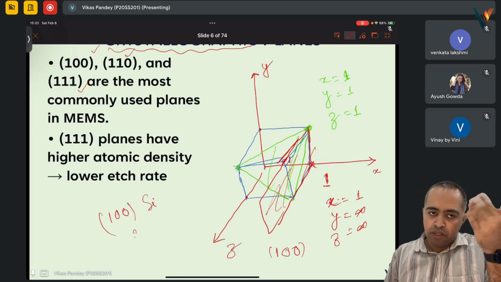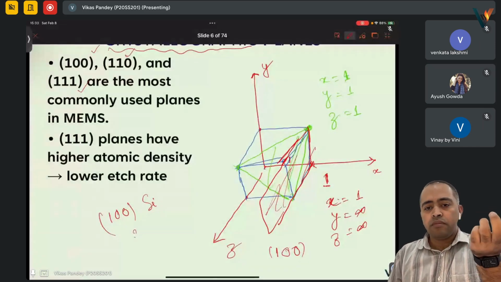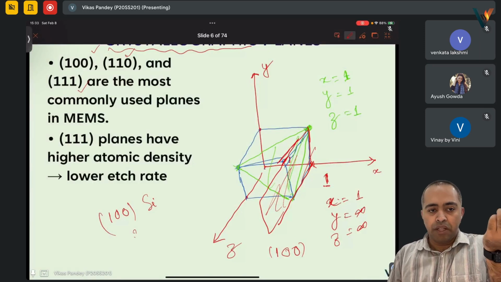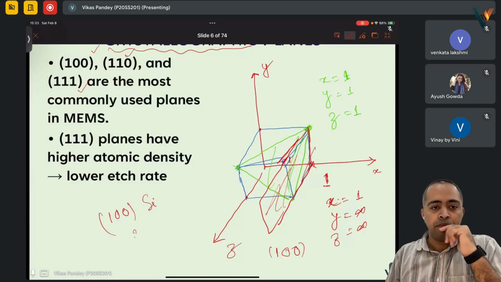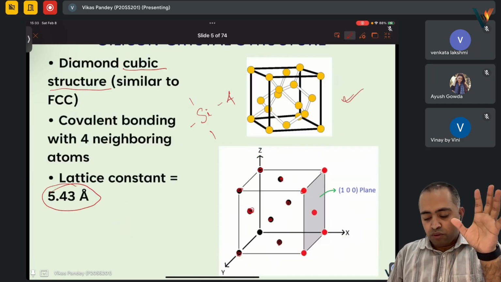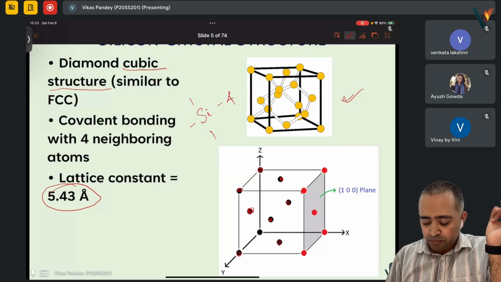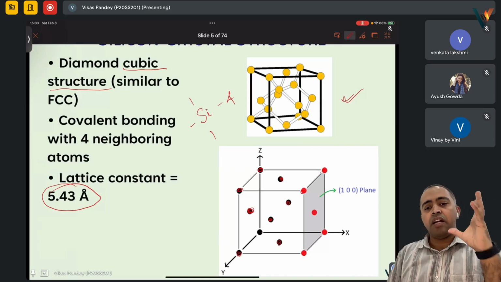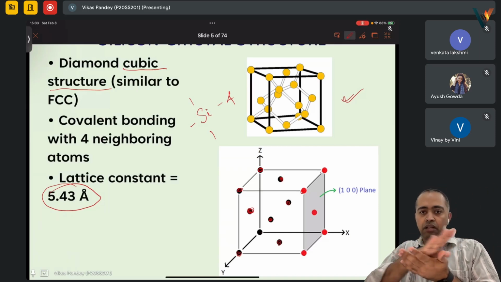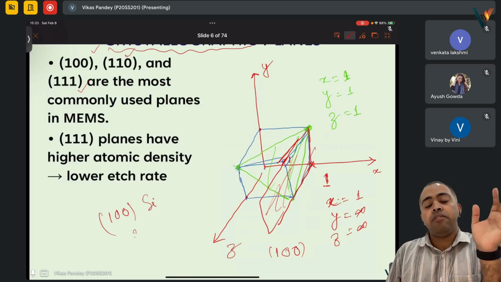If the top surface is 110, it will be called 110 silicon. Okay, and if you closely see the structure, you will see that the 111 plane has the most packed, highest density of atoms on the top surface, and as such, it has a very low etch rate.